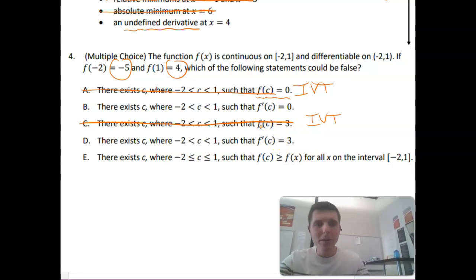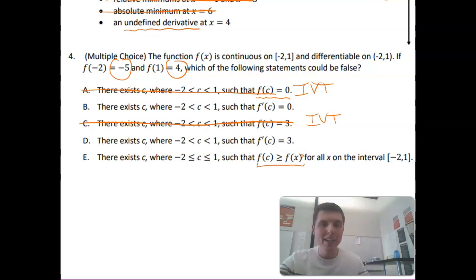Now I got 2 more that look like MVTs, and then I have this weird one, E. Let's look at E. There exists a c between those two such that f of c is greater than or equal to f of x for all x on the interval. What does that even mean?